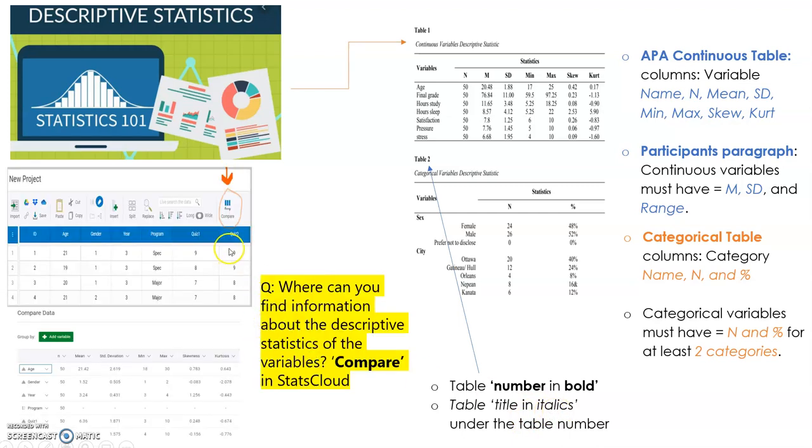Maybe you noticed in StatCloud, they have a compare function. When you click this one, you can find all variables in front of you, and you can choose what information you need to complete your continuous and categorical variable table.